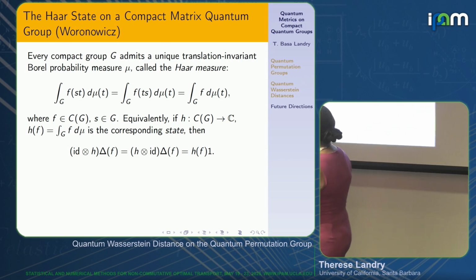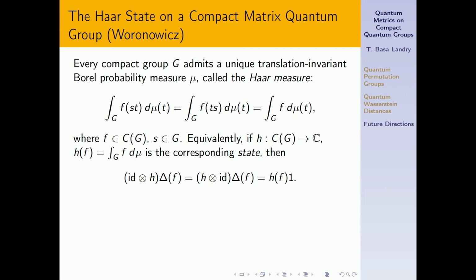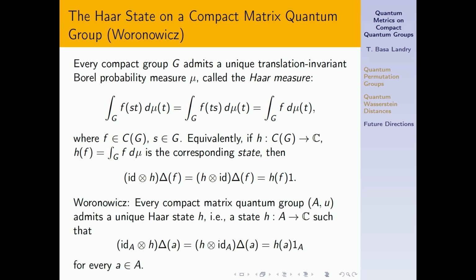So in the classical case, every compact group admits a unique translation invariant Borel probability measure, i.e. the Haar measure. And in the quantum setting, we have a Haar state. And amazingly, Woronowicz showed that every compact matrix quantum group admits a unique Haar state.